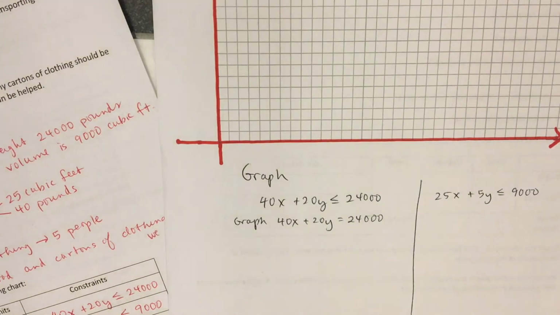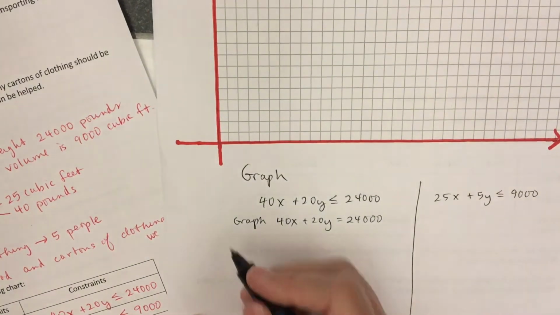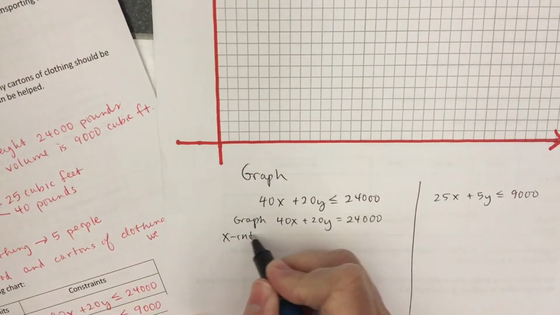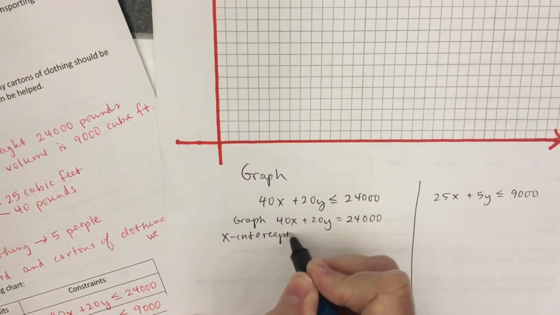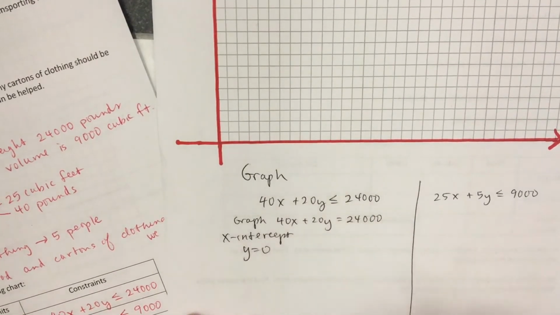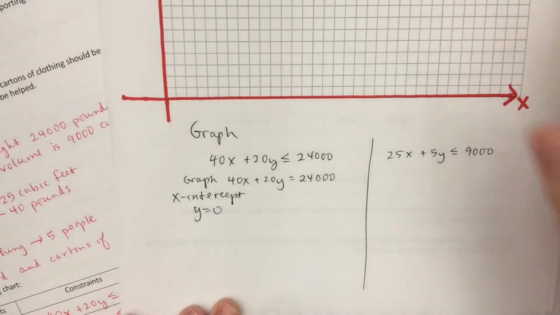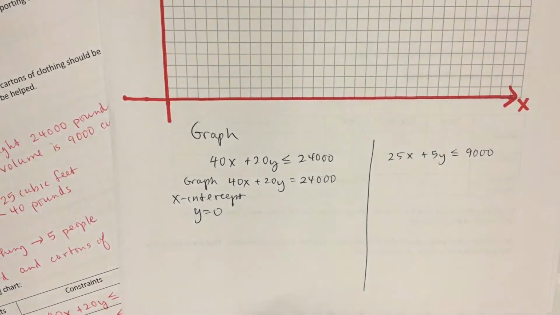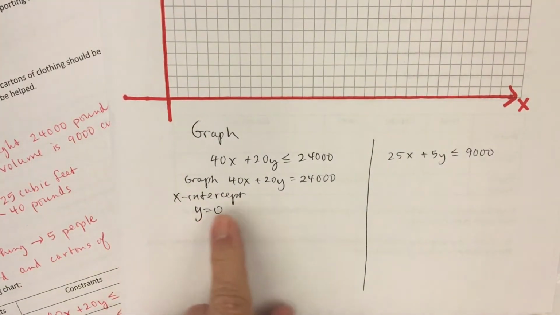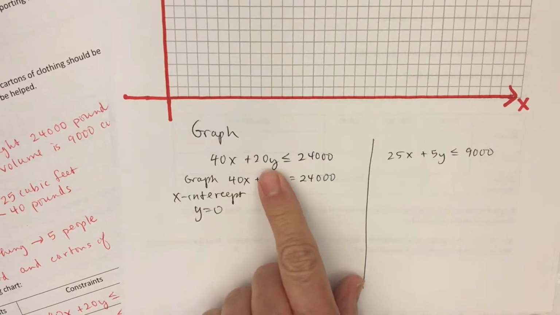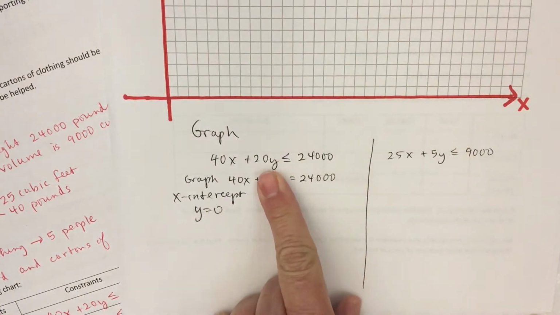This is why, because on these problems, you have to have the intercepts. For the x-intercept, y equals 0. Now, I've been working the problems with you, saying plug 0 in for y, work it out. Here's another technique you can use. If y equals 0, you could cover up the 20y.